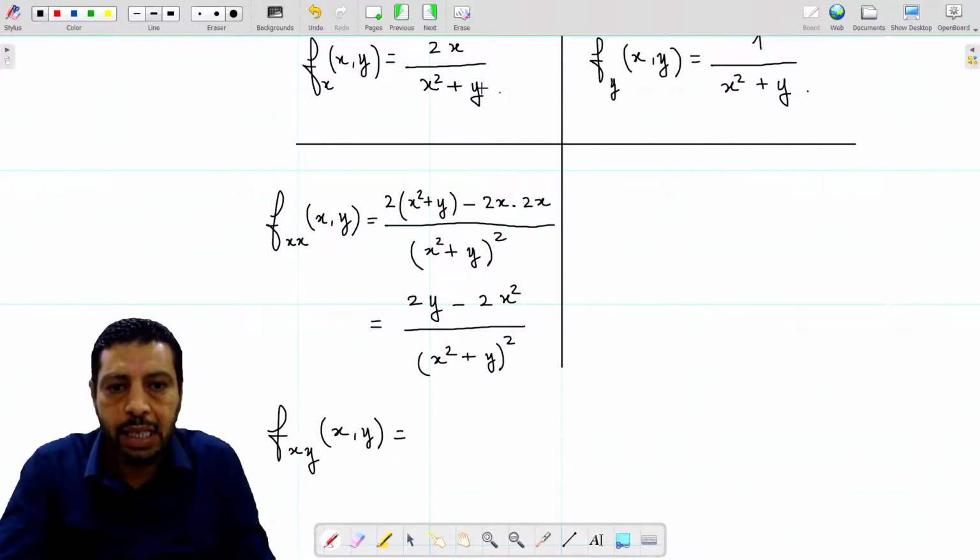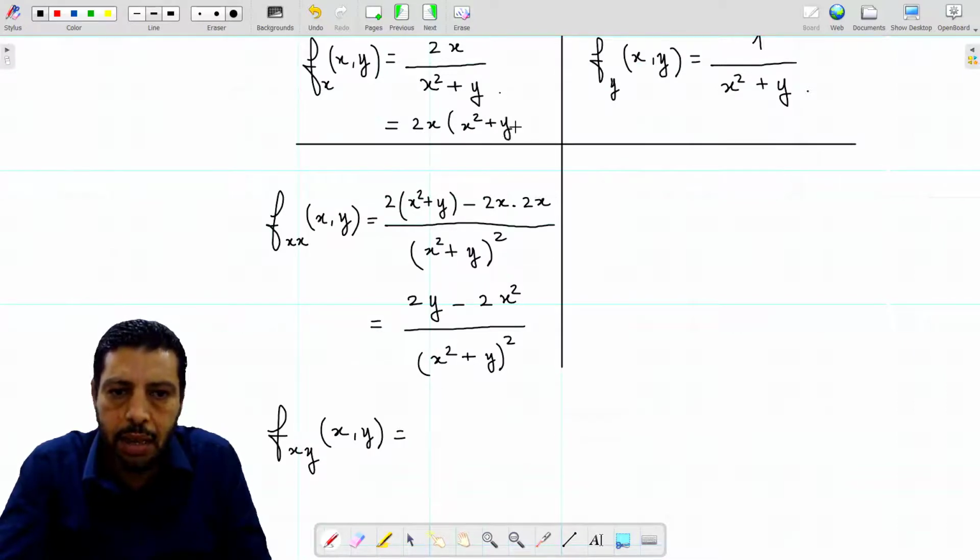It means that what's on the numerator is no longer a function of y. It's considered as a constant. So let's write this function differently just to make it in the easiest way. So let's write 2x times x squared plus y to the power of -1, and we don't need to use the quotient rule since the 2x here is considered as a constant.